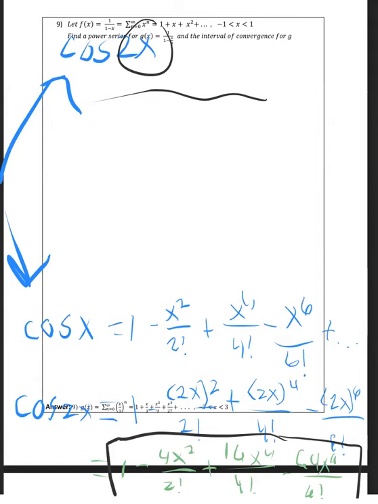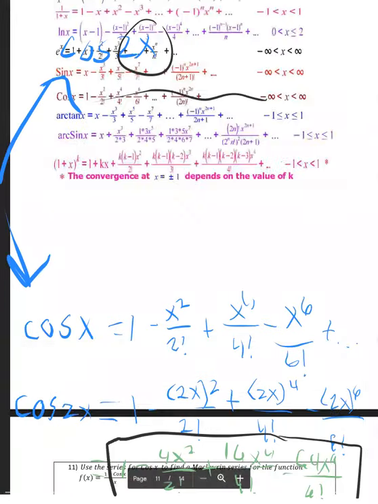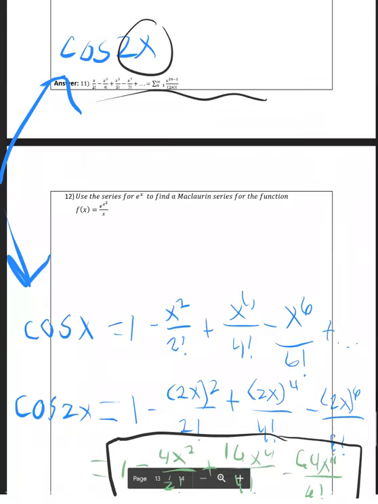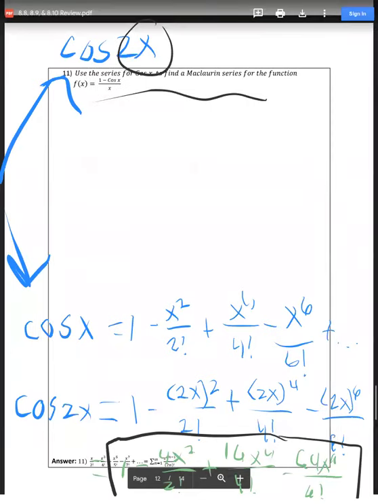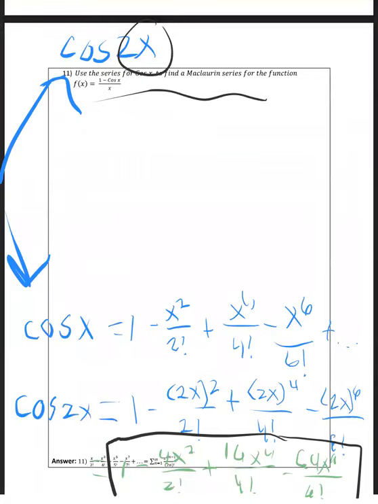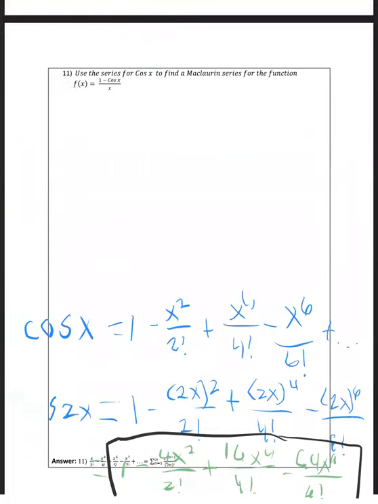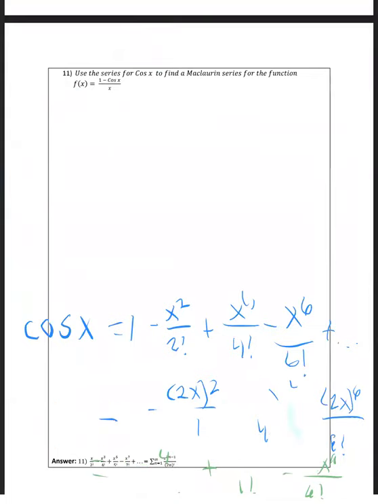So I want to use this one to show you guys how to do this last one over here, number 11. We're going to use the cosine of x elementary function, and since I already have it written down, I think it's easy to do. All we're going to do is just do what it says: 1 minus cosine of x over x.